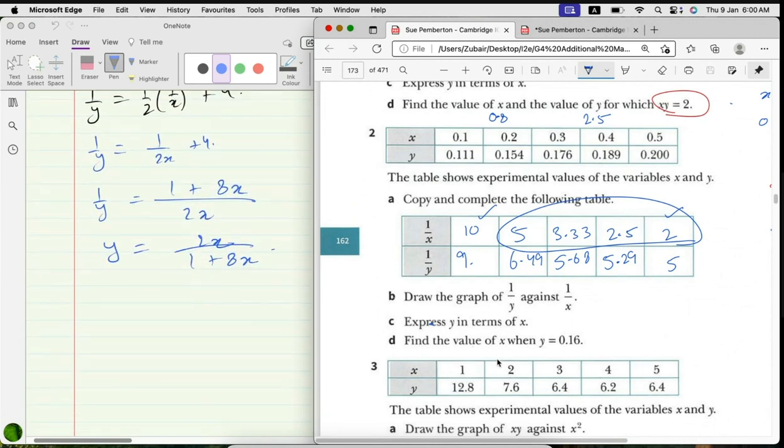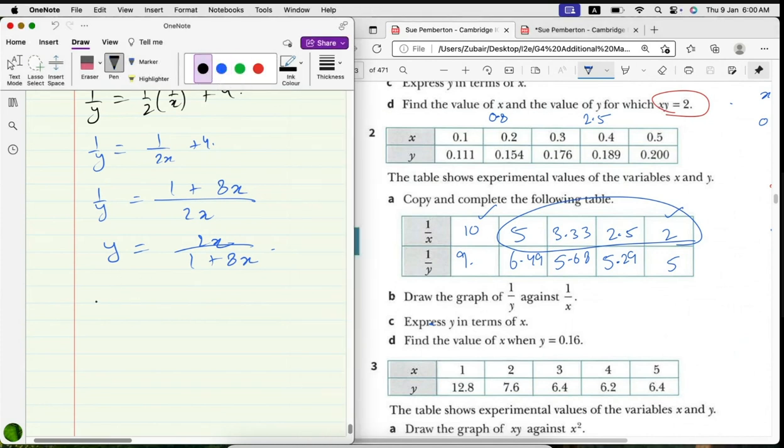And finally, find the value of x when y is equal to 0.16. So y is already the subject of the formula. So 2x over 1 plus 8x. Cross multiply is 0.16. 0.16 times 8 is 1.28.